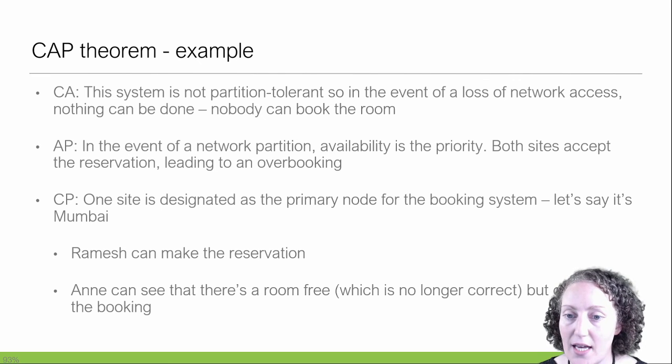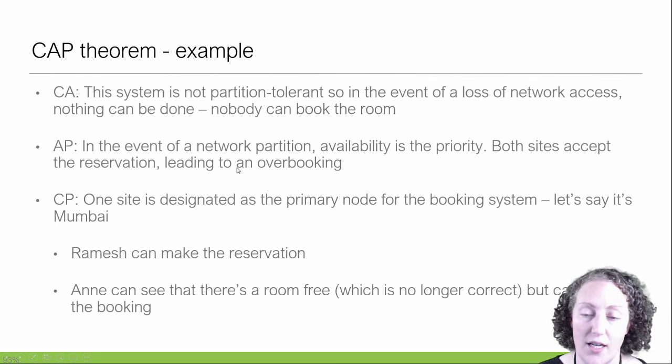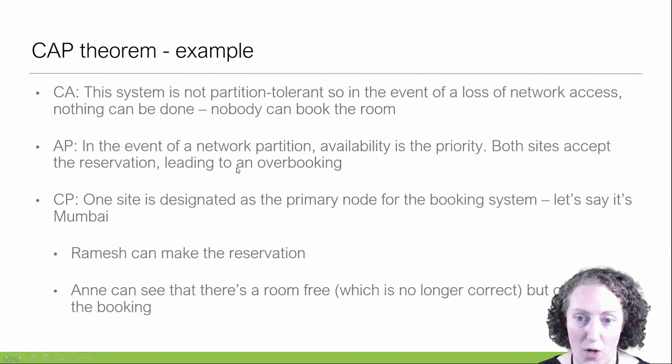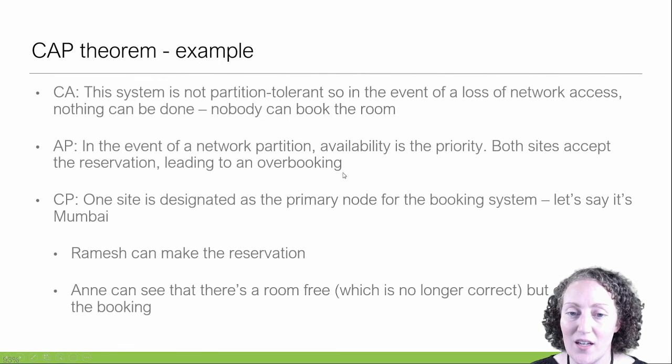So in that case, that system would accept the reservation in both sites. Even though there's only one room, obviously that leads to an overbooking, and you have to resolve that problem some other kind of manual way. I don't know how, but maybe cancel one of them. But that's what would happen in a system that's prioritizing availability.